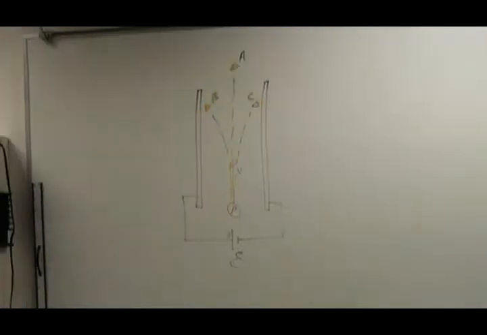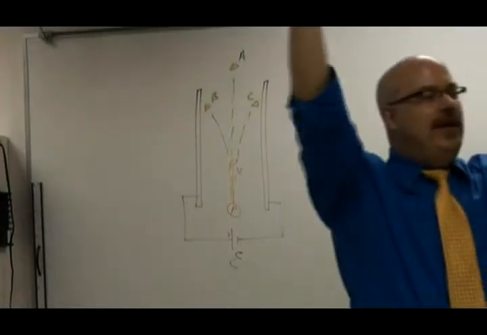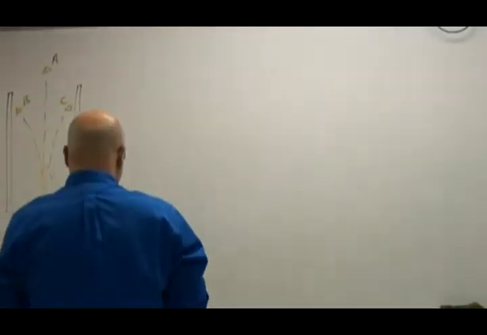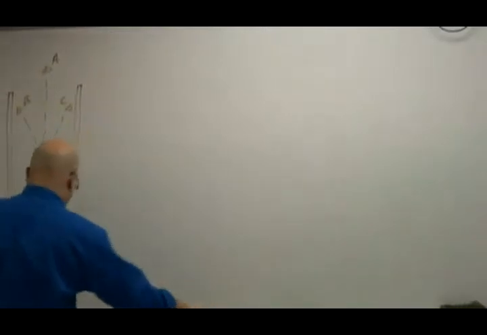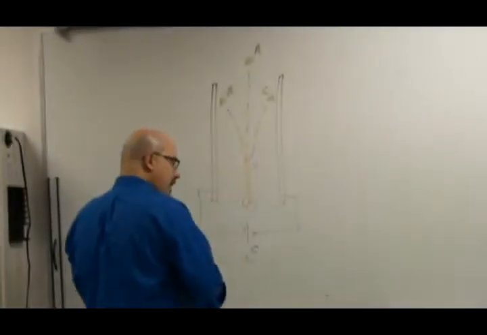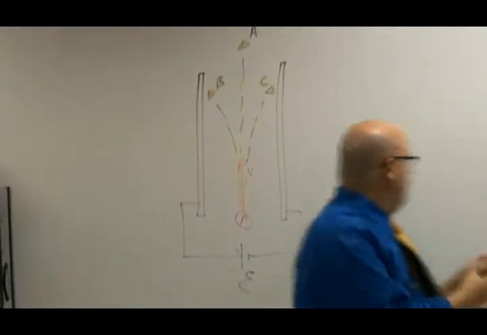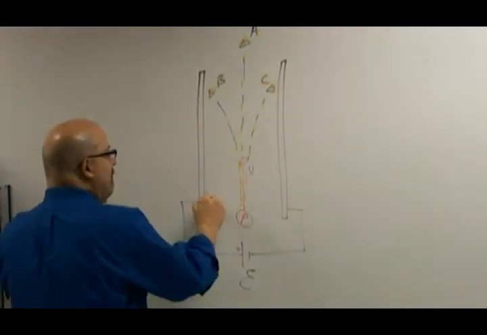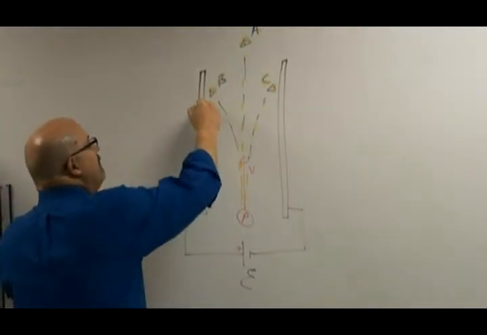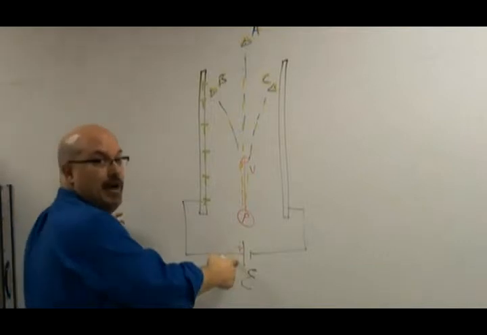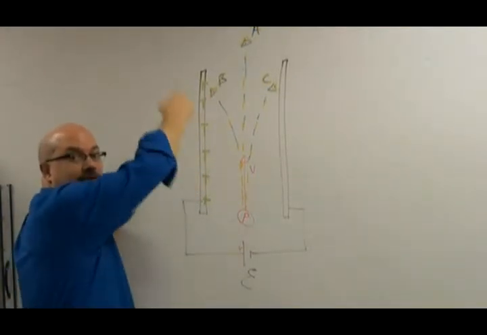Now, quiet. In order to solve this, the first thing we must do is decide which plate is positive. The one on the left? Yes. The one on the left becomes positive because it's attached to the positive side of the battery, right? It shares charge until it gets the same electric potential.